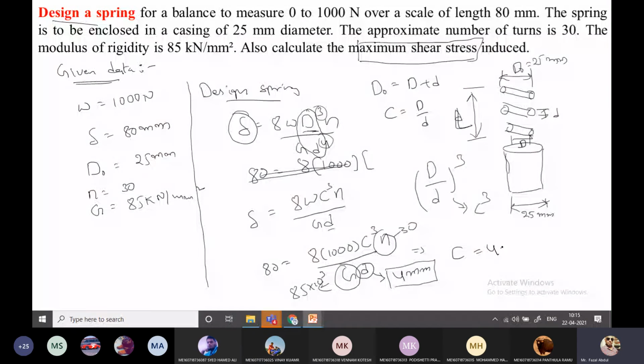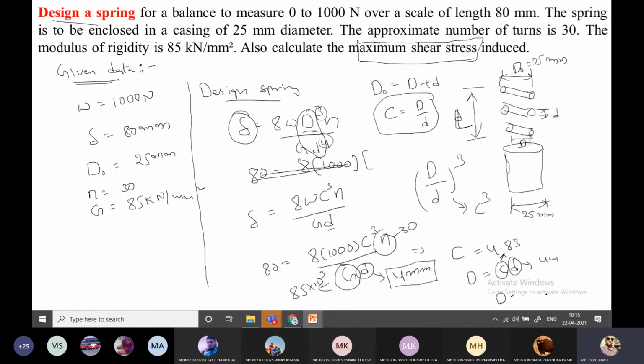Okay, 4.83. After getting the C value, go through this relation, spring index C equals D by d. So C equals D by d means D equals C into d. The C value we just calculated as 4.83. The d value we just assumed as 4 mm.